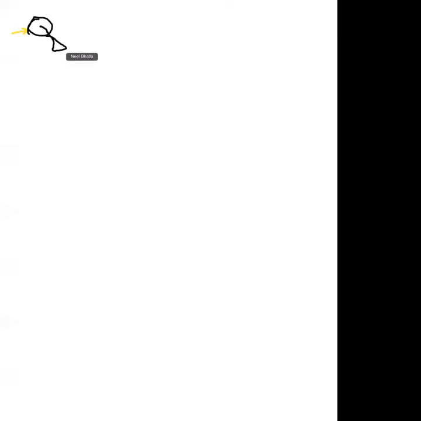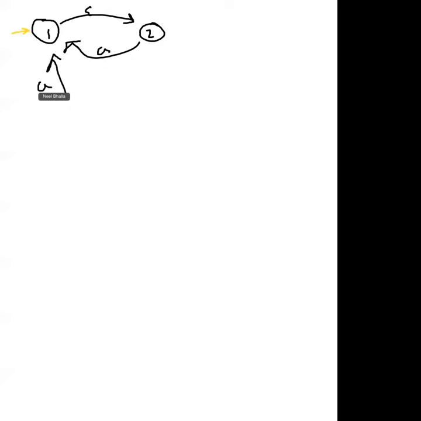We have state 1 here, epsilon to 2, which goes back with A, and then it goes this way to 3. There's a loop on B over here, and then we have A, B over here.